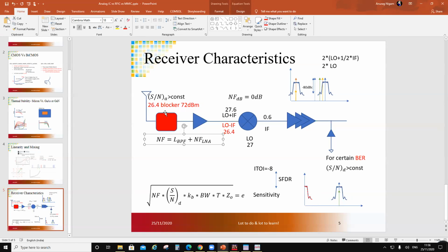At this frequency, I had a blocker of 72 dBm. This rejection was 80. What output power am I putting at this frequency is going to be minus 8. So the blocker would be putting out a minus 8 over here. Let's make this red color. So the blocker is putting out minus 8 dBm.